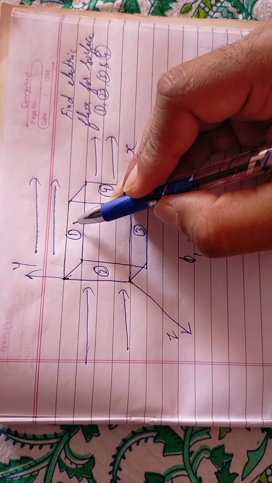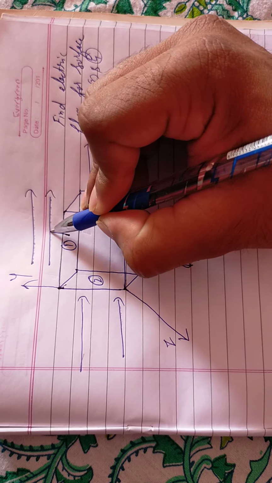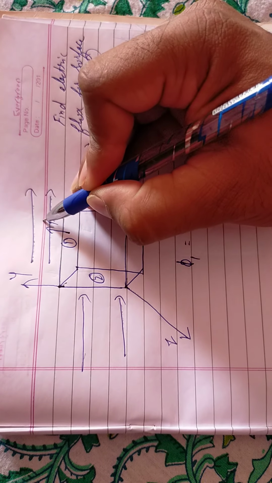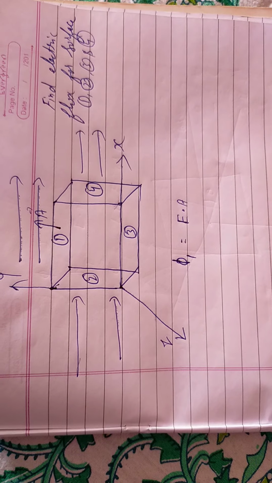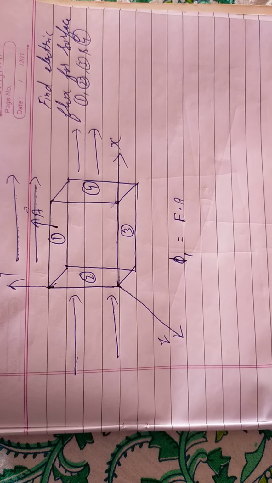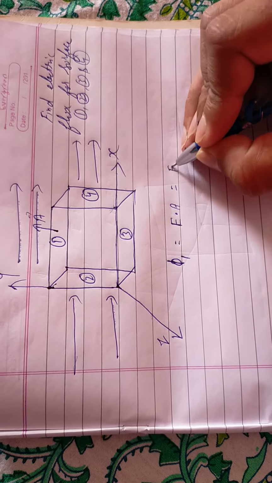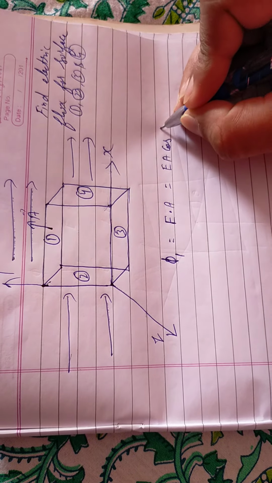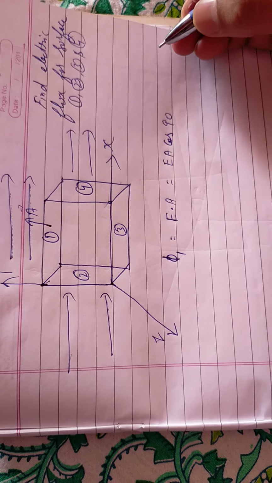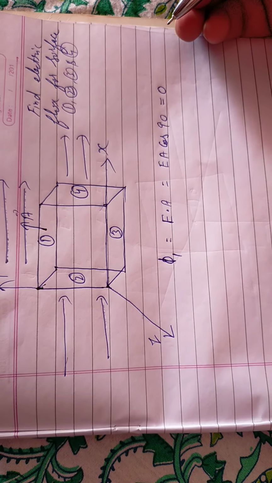For the first surface the area vector will be upside. The area vector is in the outward direction, then what will be the value of theta? Theta is perpendicular to the surface, so EA cos 90, and cos 90 is 0. Then electric flux for the first case is 0.